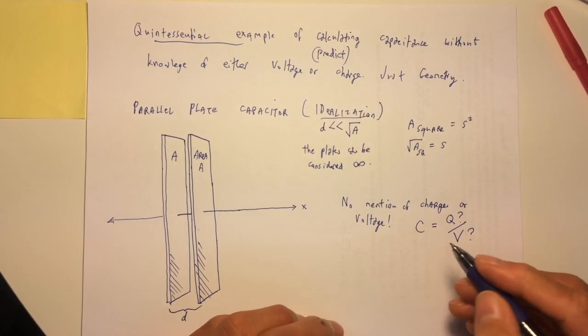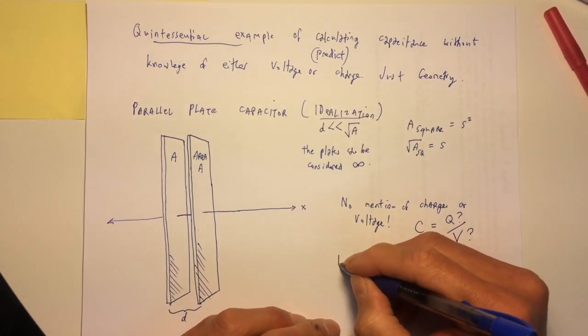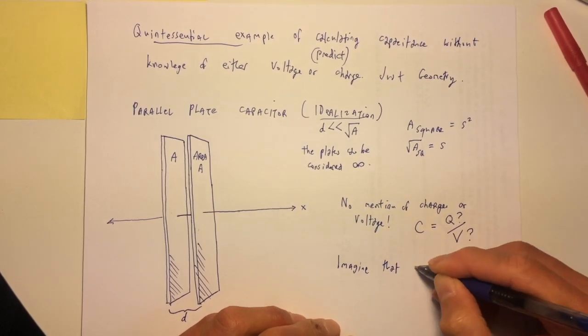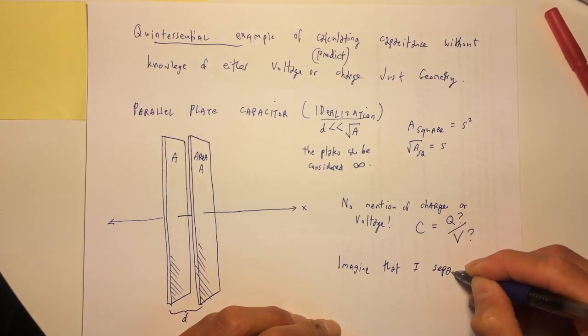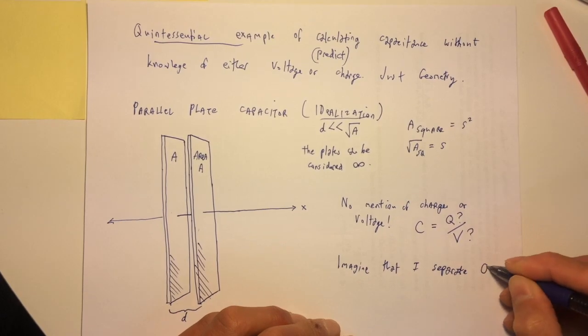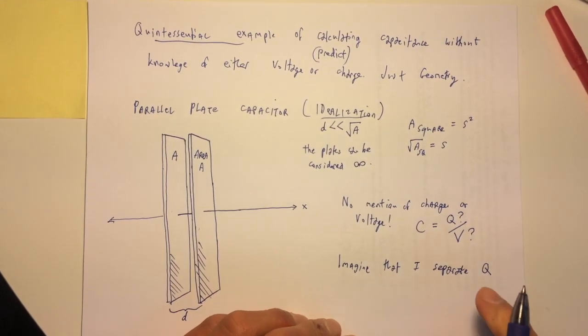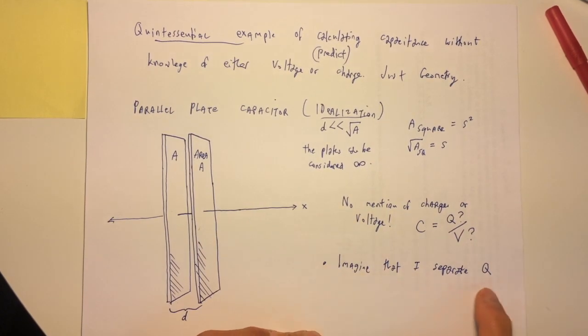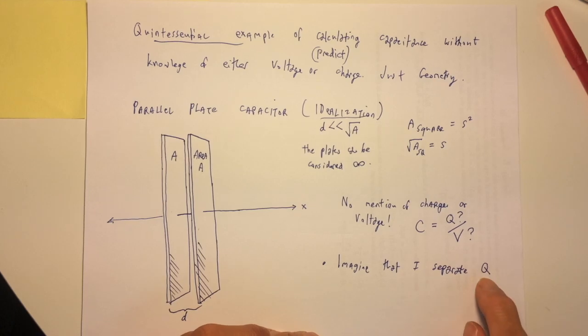So what I do is I start off and say, well, imagine that I separate charge Q. This is how you start. You just imagine a separation. You could choose a coulomb or a microcoulomb or 50 nanocoulombs. You can choose a random value, but you've got to choose one.